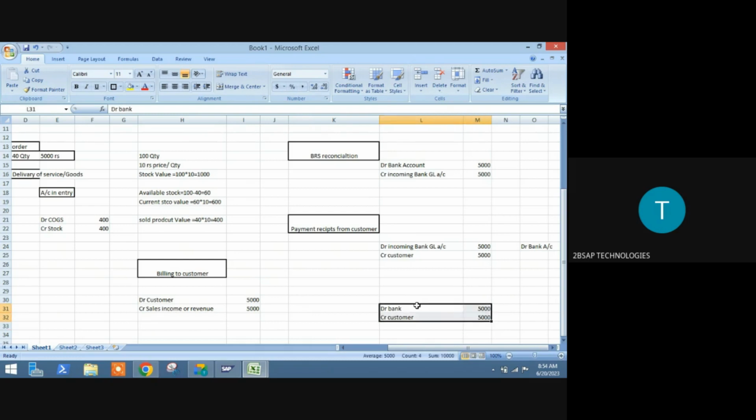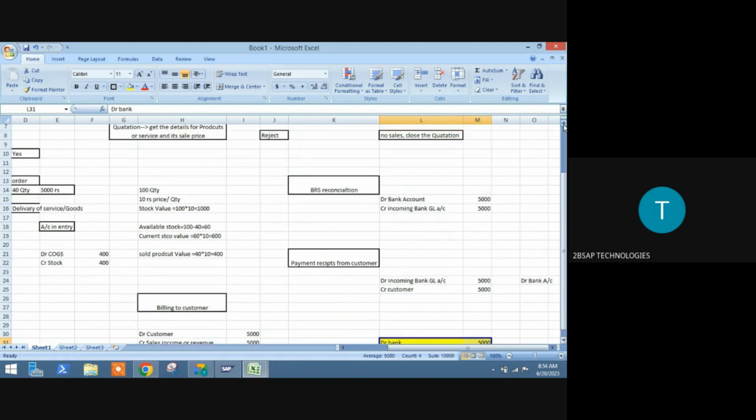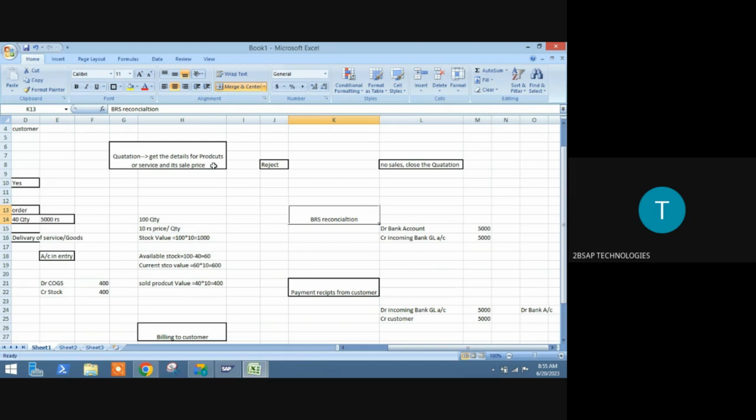That is what you are getting, right? This is in terms of the systematic process. This is your book knowledge, the direct book entry, the textbook entry. This is system knowledge. This is your O2C, order to cash. So with this, it's completed. Clear, sir?